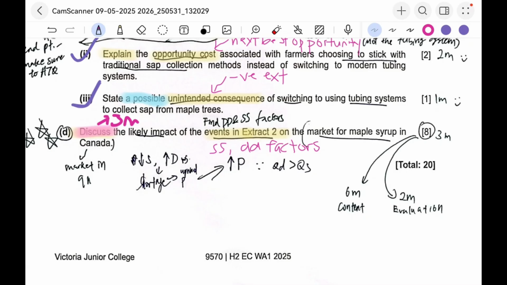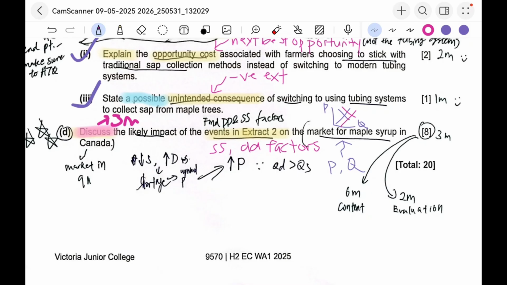Okay, then how does the event impact the market for maple syrup? When you look at the impact on the market, this means either price or quantity or both, because when you draw the demand supply graph, for example for maple syrup, depending on how the demand and supply shift, you will have an impact on the price and quantity. You are restricted by the graph to only have conclusions in these two aspects, because it's a 2D graph of price and quantity.